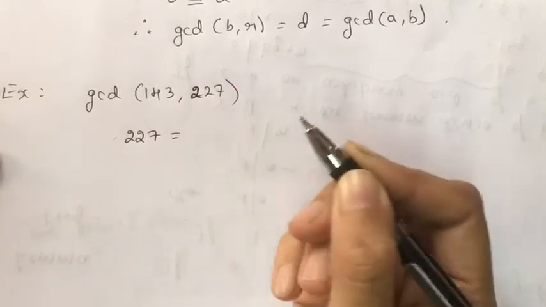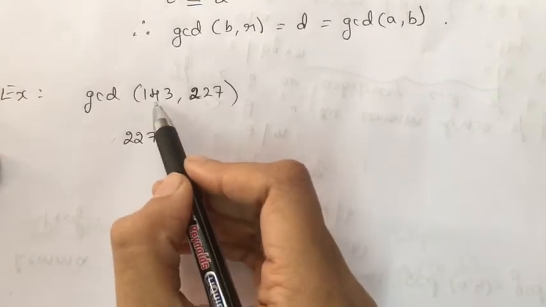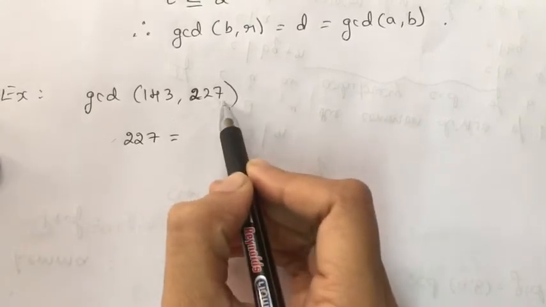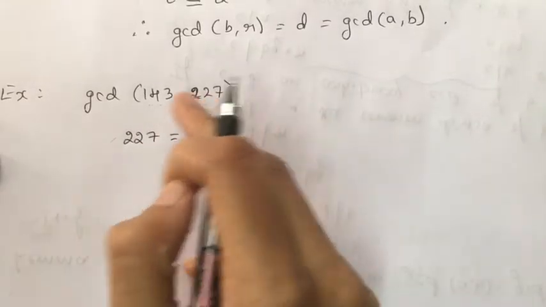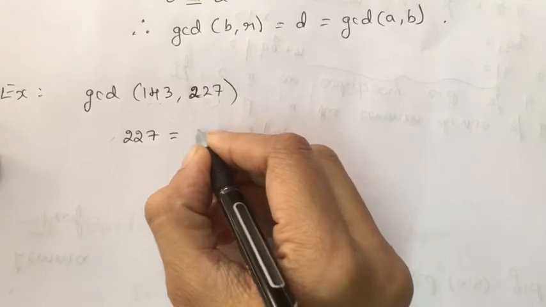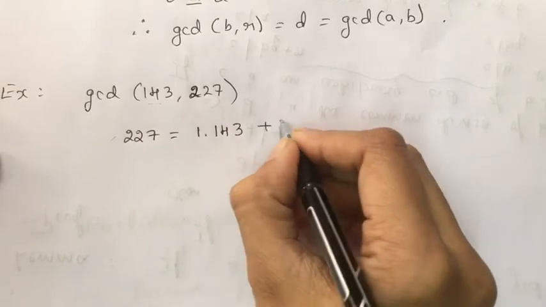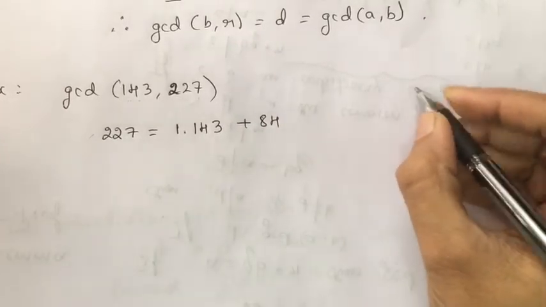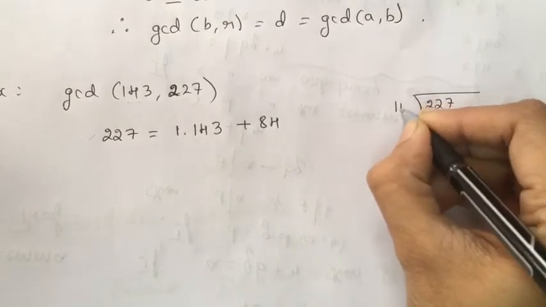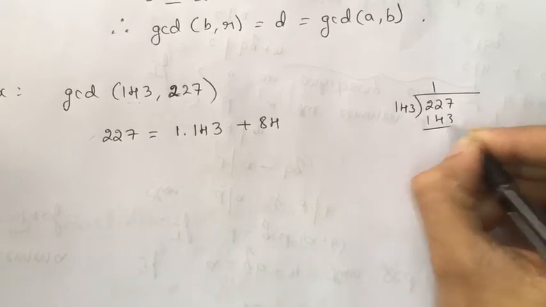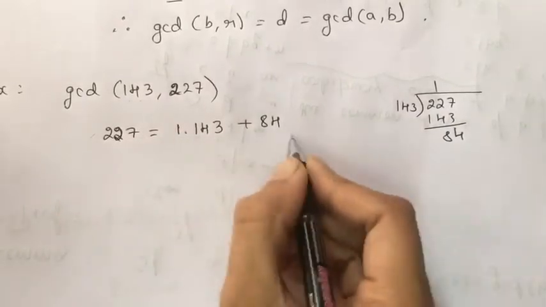in terms of a equals bq plus r. I'm taking this as a and this as b. I have to find r when I divide a by b. So this will be 1 into 143 plus 84, and I'm writing 227 like this.